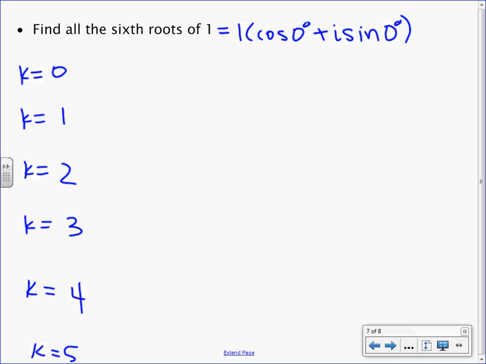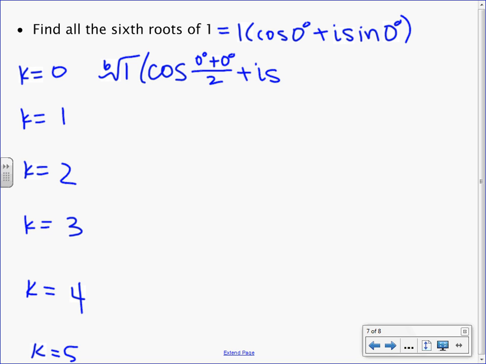Okay, so we have the sixth root of 1 times the cosine of, we're going to take 0 degrees and we're going to add 360 times 0 divided by 6.